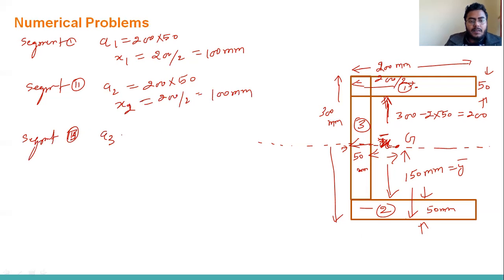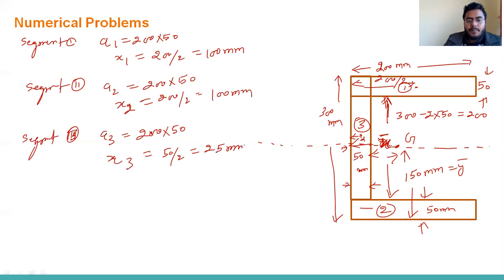A3 is 200 into 50. For X3, total width is 50, so the center would be 50 by 2, 25.